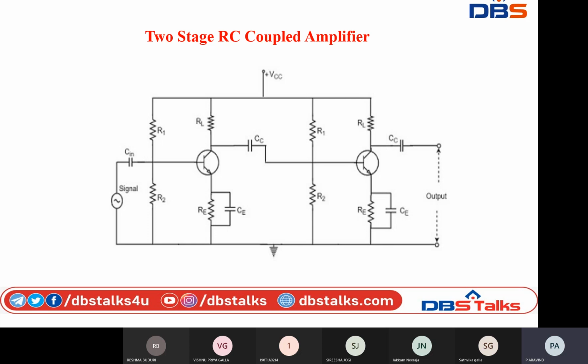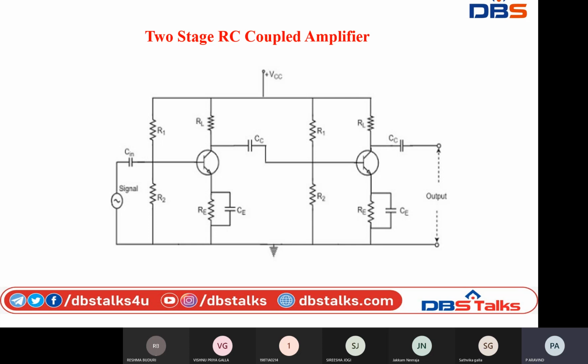The output of the first stage becomes the input of the next stage. The amplified output appears across its collector load. Thus the signal is amplified by stage by stage action. Okay, this is the operation of the two-stage RC coupled amplifier.